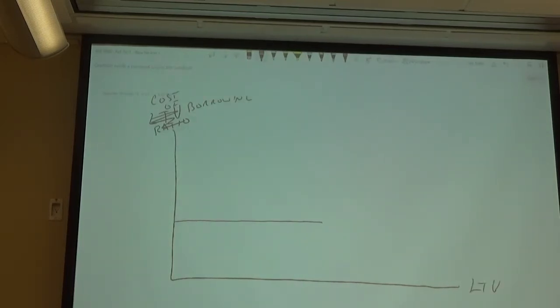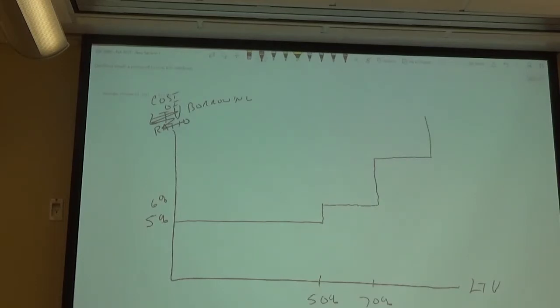Maybe up to a 50% loan-to-value ratio, we're willing to give you a 5% interest rate. Then let's say you decide to go up to a 6% level, ultimately taking it to, let's just say, 70% loan-to-value. But then all of a sudden you go beyond 70%, and it may go up dramatically more, because more risk.